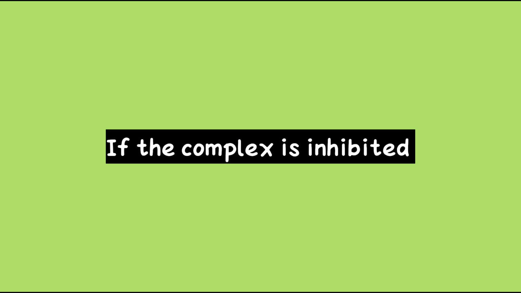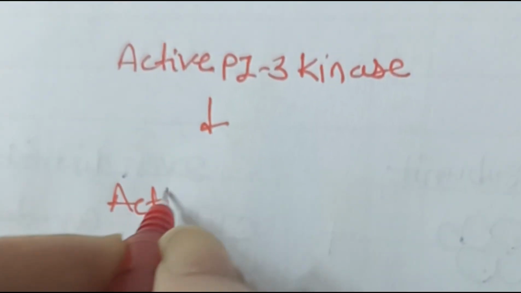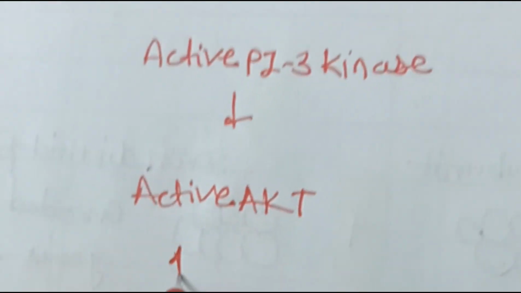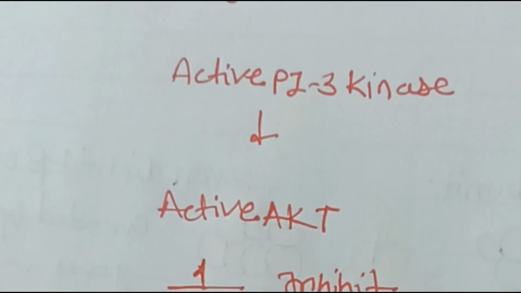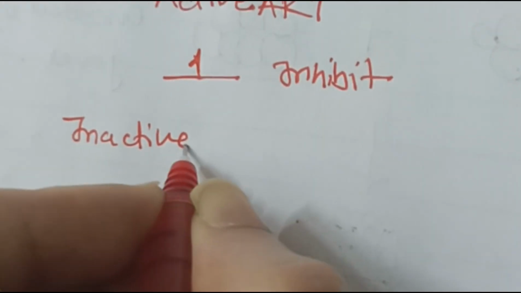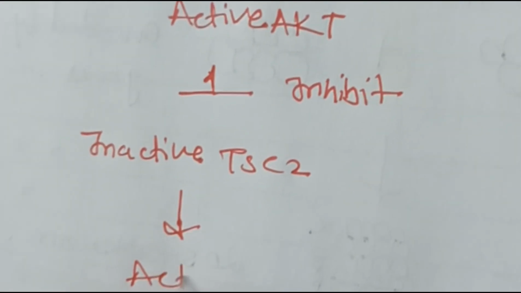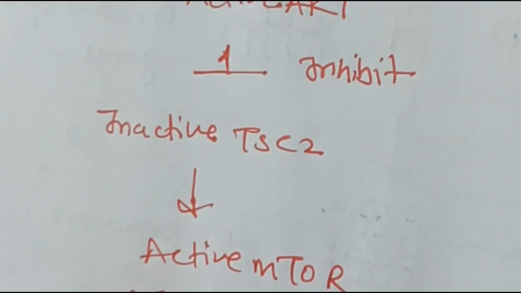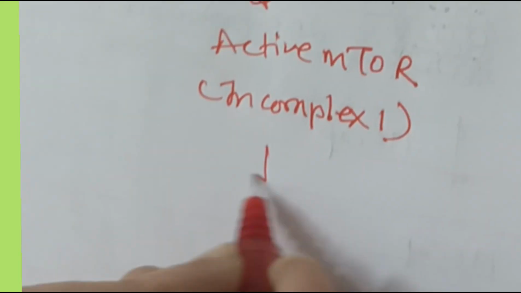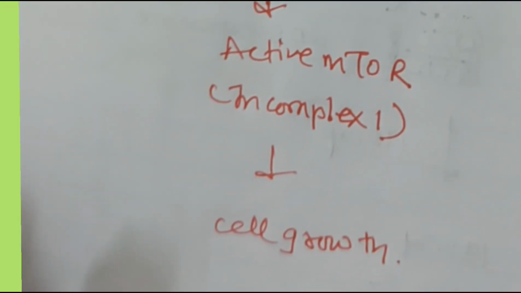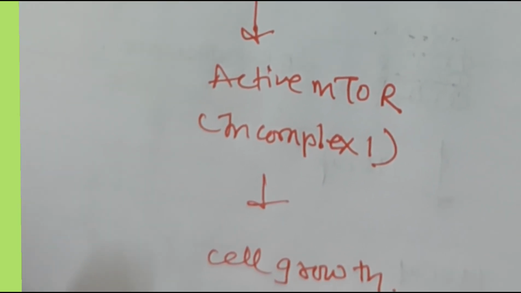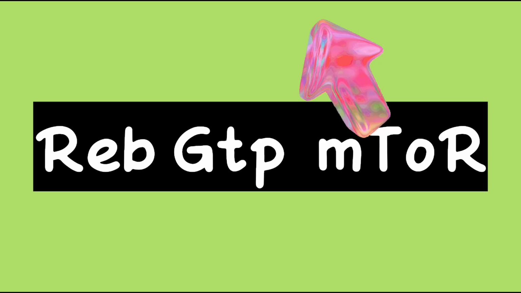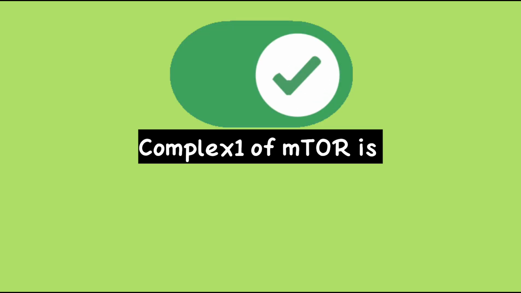The inhibition of the TSC complex will further activate RHEB. TSC1 and TSC2 normally inhibit RHEB by converting RHEB GTP to RHEB GDP, and when TSC2 is inhibited, RHEB remains in the GTP form, and this RHEB GTP directly activates mTORC1. Now mTORC1 is on.